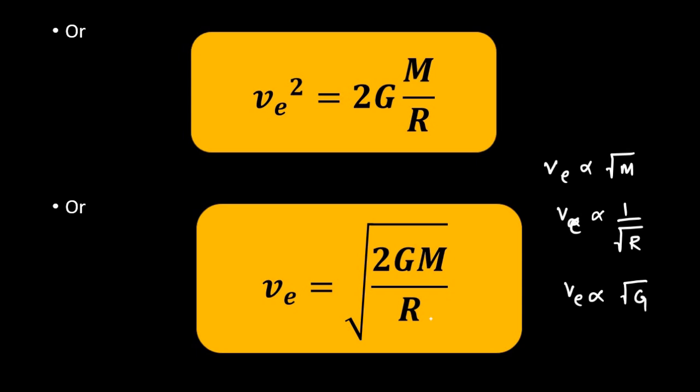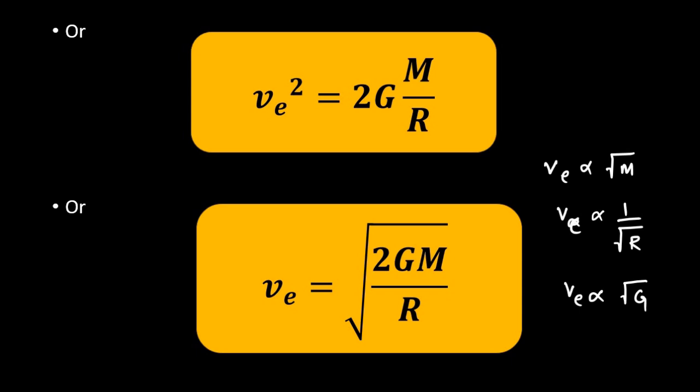Now all of these are constant: universal gravitational constant, mass of earth and radius of the earth. So the escape velocity will always be the same. Now this is one expression of the escape velocity.